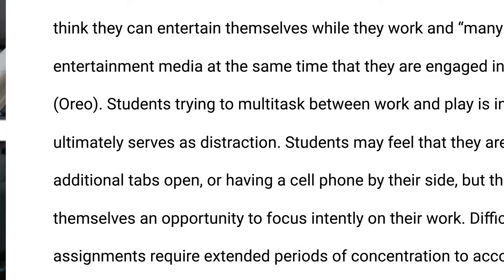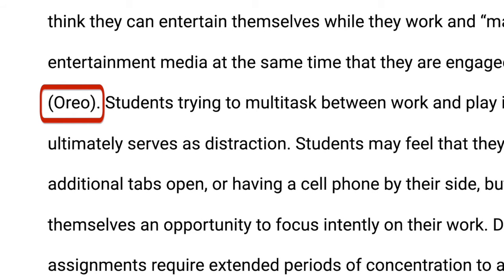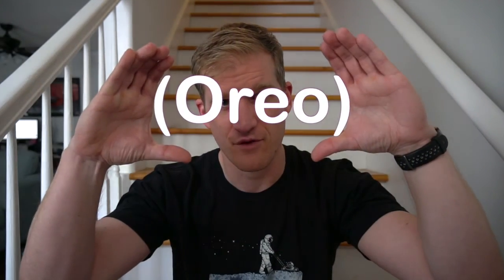So I have made my point, I made a connection with my point to my evidence, and then I smoothly embedded that evidence into my writing. And then, of course, don't forget, I added a citation. In this case, we didn't have a page number for the citation, so I just put parentheses, last name of the author.